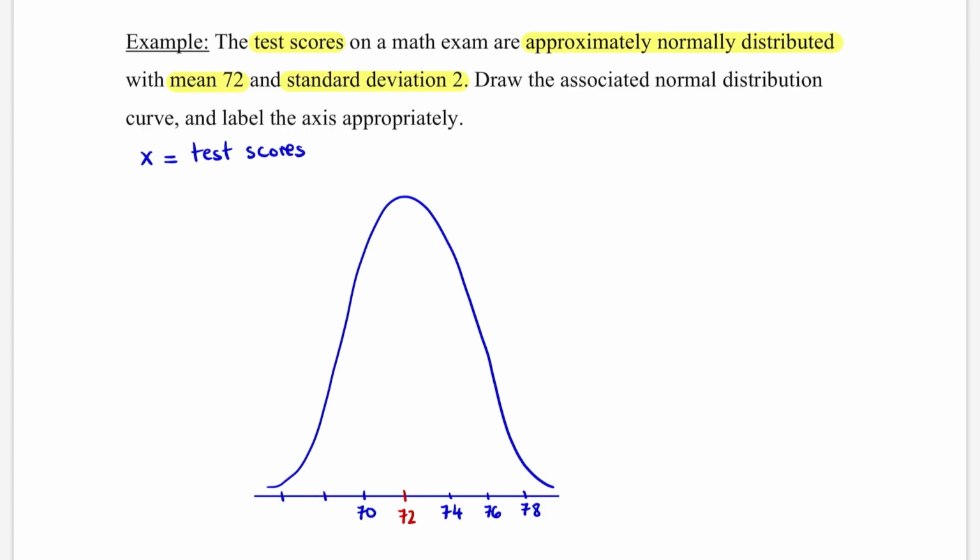To find this number, I take 72 minus 2 minus 2. I get 68. And this number is 3 standard deviations below the mean. I take 72 minus 2 minus 2 minus 2. I get 66. The majority of my test scores are from 66 to 78.